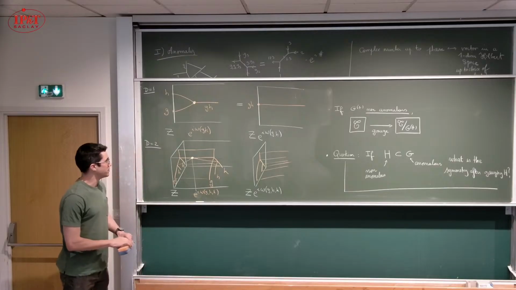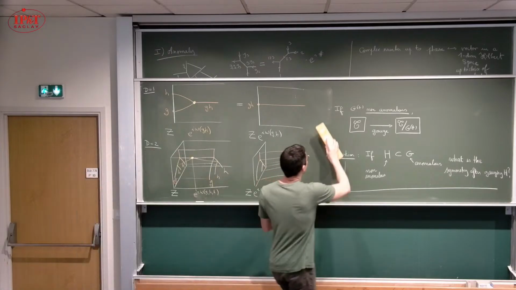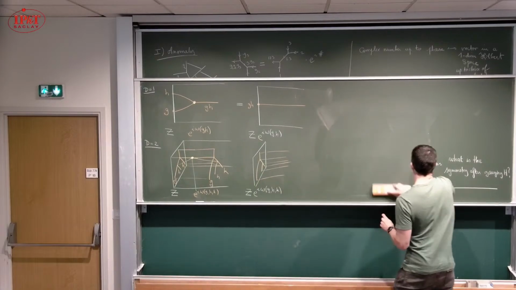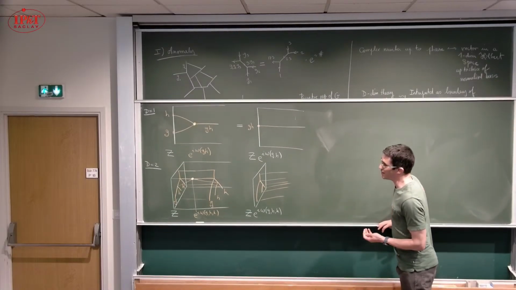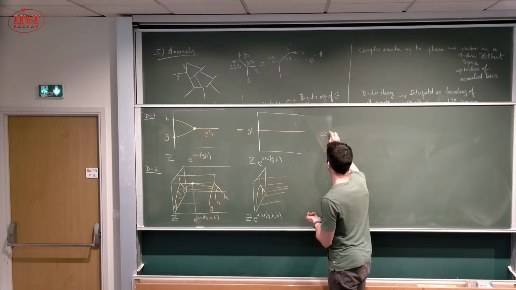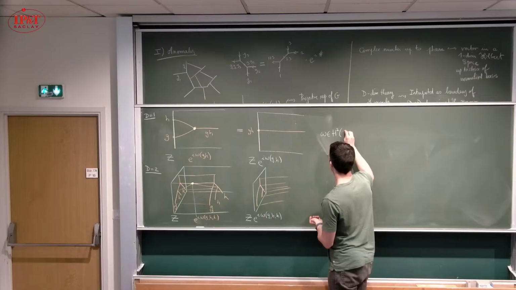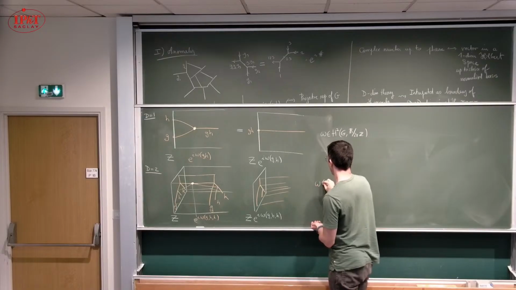So that's the anomaly. And so the anomaly in D dimensions involves D plus 1 elements of G. Here omega involves 2 elements, G and H. And here omega involves 3.